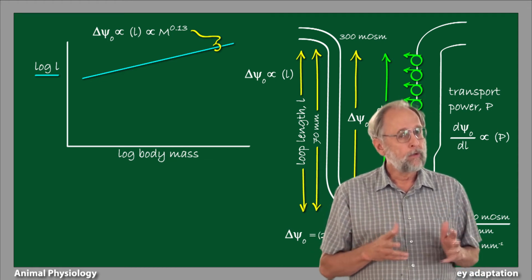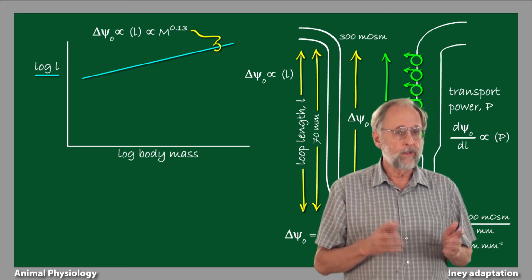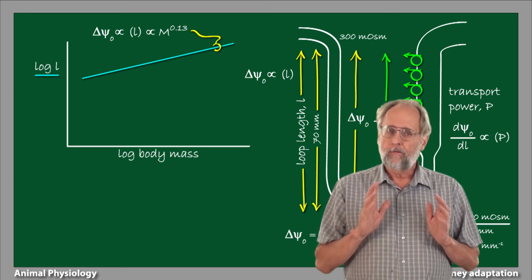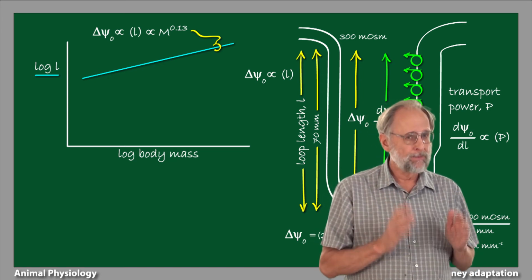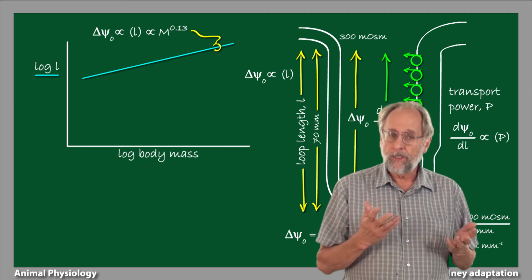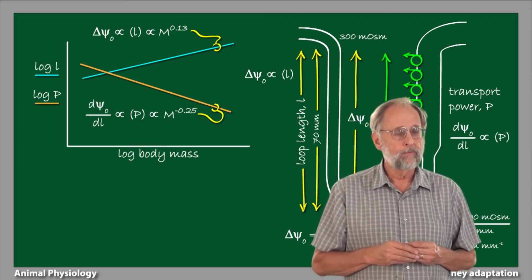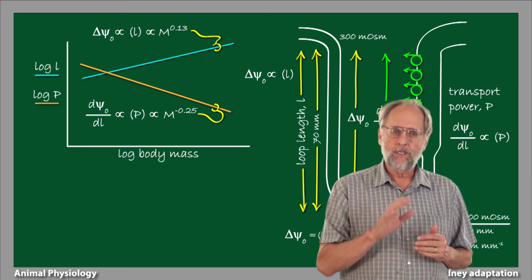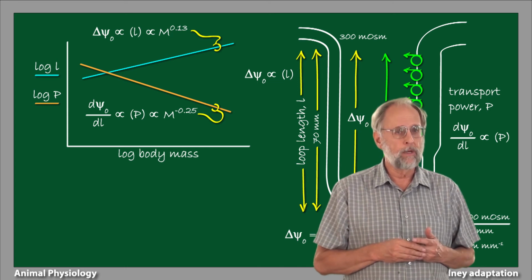If we look at the power relationship, we have to decide first which metabolic rate we are willing to apply. For various reasons, it makes a lot of sense to apply the scaling of mass-specific metabolic power, which scales to body mass to the minus 0.25 power. This is sensible because the cells of small mammals have higher metabolic rates than do the cells of large mammals.